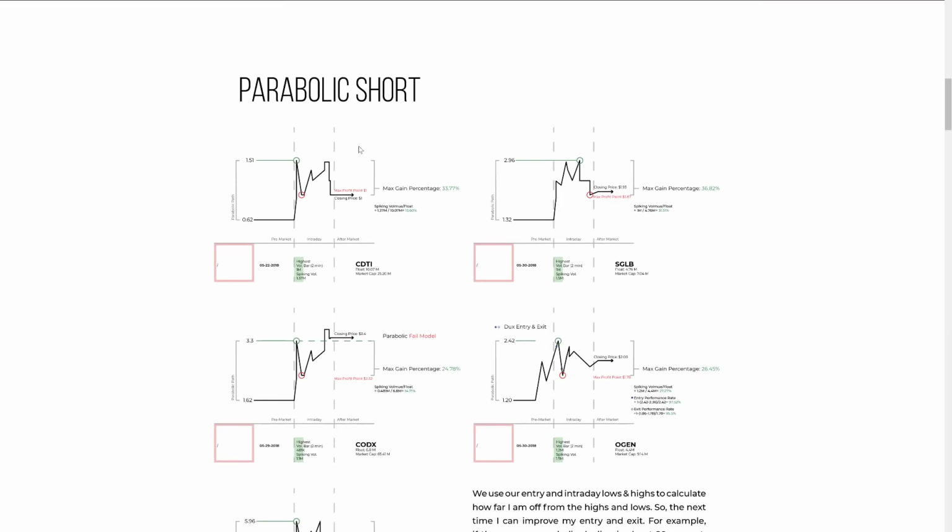Next page. This is parabolic short, and we track it using maximum squeeze percentage, calculating your maximum gain percentage after a parabolic short. According to this month's statistics, your average return will be around 25%.